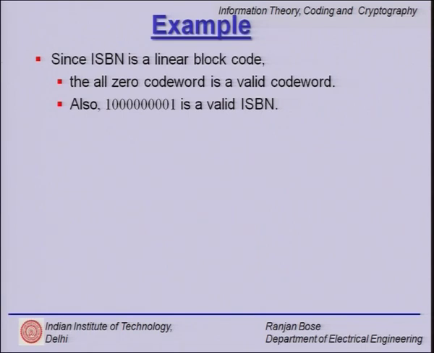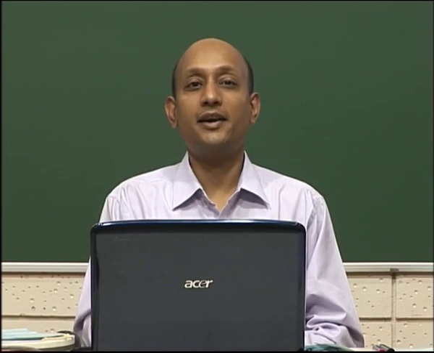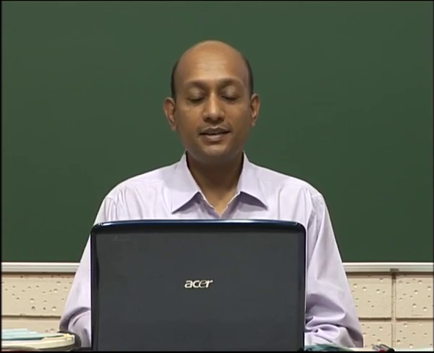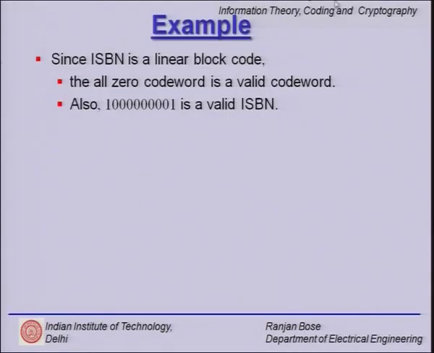I have to find out the minimum distance, because then I will know the error detecting and error correcting capability. One of the ways is to list out all of the code words. Well, you will need a lot of good luck and compute power to do so, or we can play a smart trick. We focus hard enough and come up with another seemingly valid ISBN.